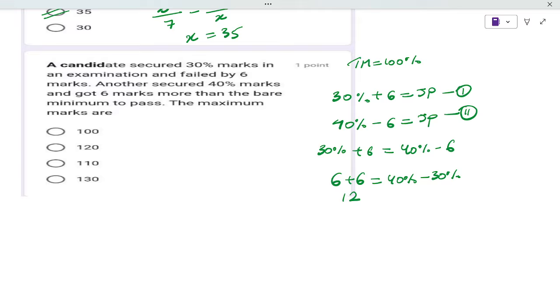So this one will give us 12, this will give us 10%. So 10% is 12. Total marks, maximum marks, how much? 100%. So into how much times? Into 10. Left side also multiply by 10, that means here 120. So 120 is the correct answer.